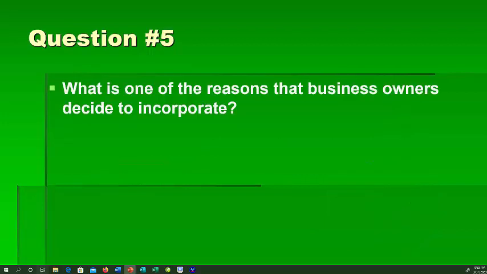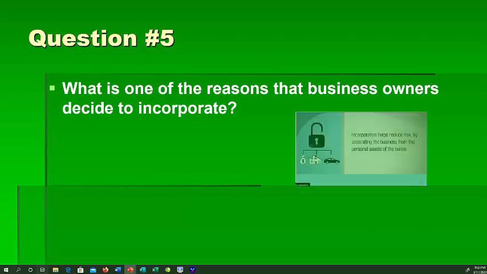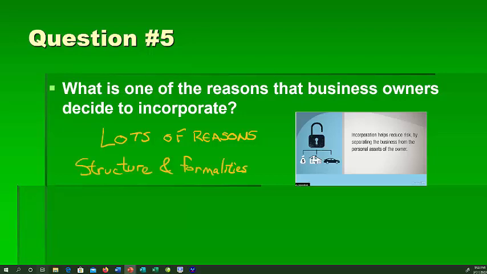Okay. Question 5: what is one of the reasons that business owners decide to incorporate? Well, there's lots of different reasons. Risk aversion, and protection against liability. So there's also structure and formalities.